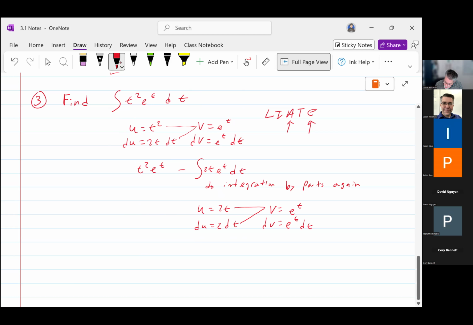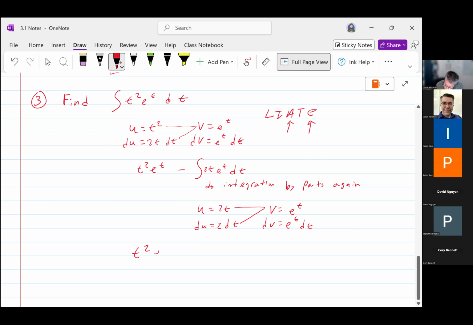This time we're going to make sure that we put things in parentheses because we might end up with sign errors if we don't group things properly.